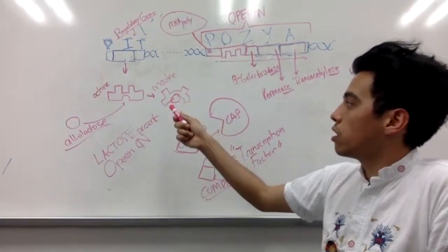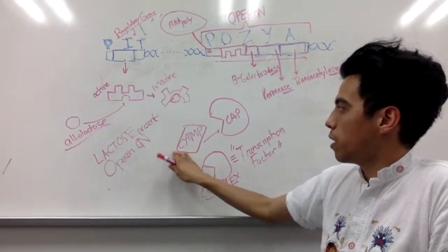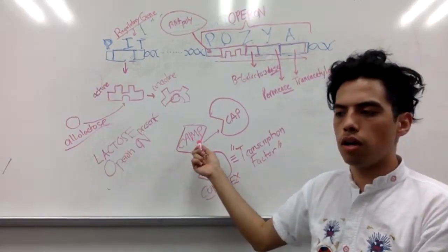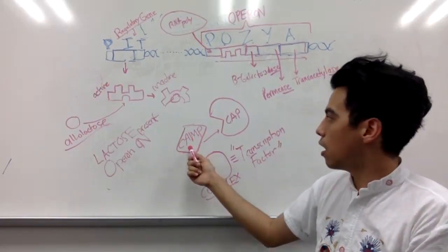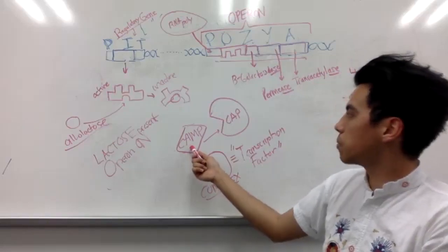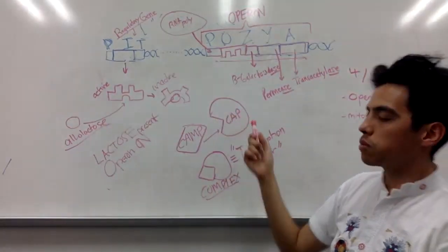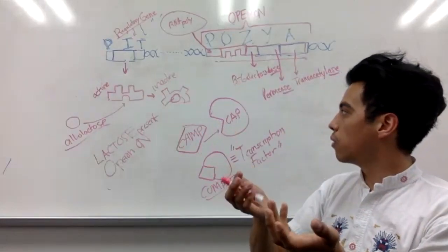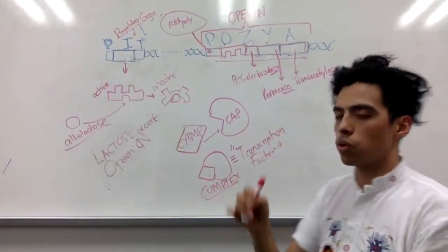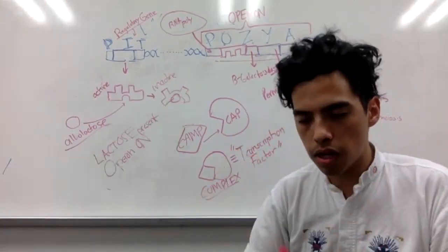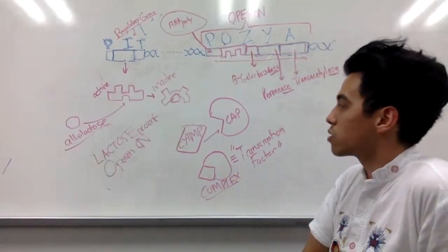Basically, the other thing that's going on is that cAMP, which you might have remembered from cell signaling, is a molecule that can bind to this protein called CAP. Once it's bound together, the complex sort of acts like a transcription factor, but not really because prokaryotes don't have transcription factors.